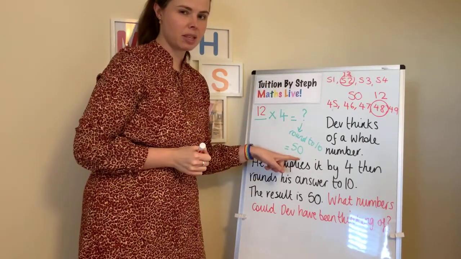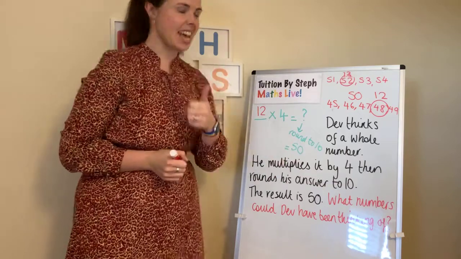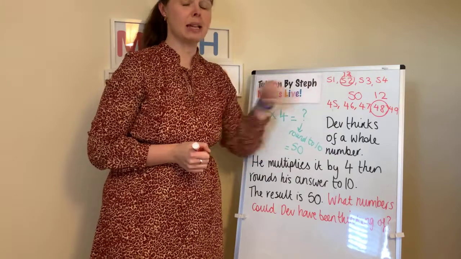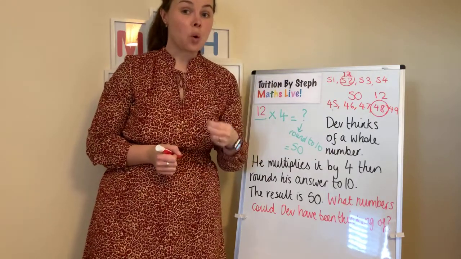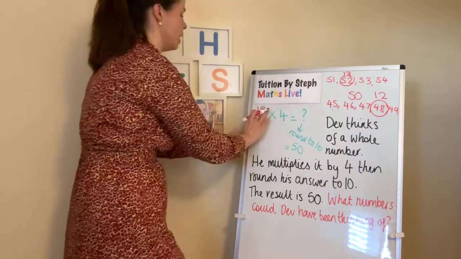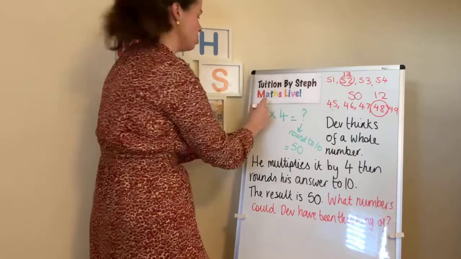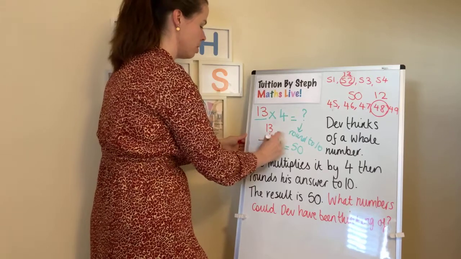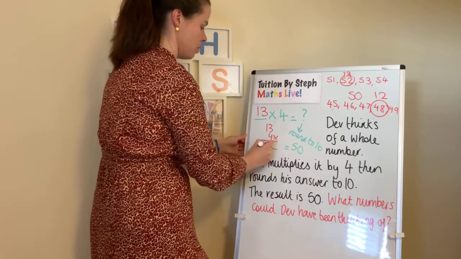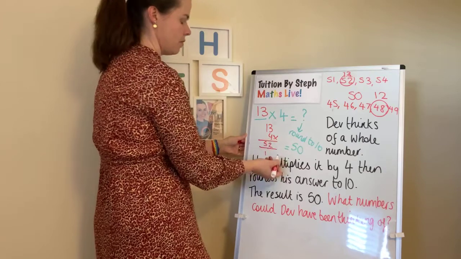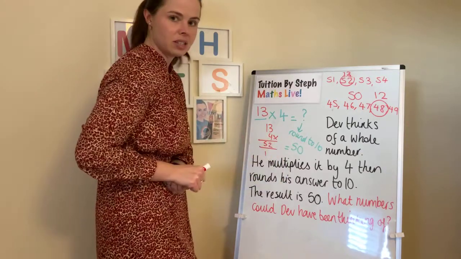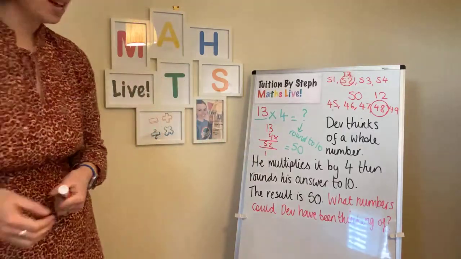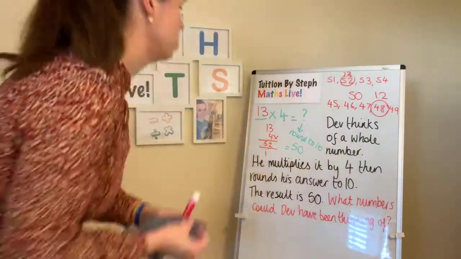Is 48 rounded to the nearest 10, 50? Yes, it is. Now, why have I put 13 there and not counted up to 16? Because we're still in the 4 times table. I can't jump up to 16 because that'll go too far. So 13 times 4 is 52. Is 52 rounded to the nearest 10, 50? Yes, it is. Hard question, that. But it's good to get your brains warmed up.